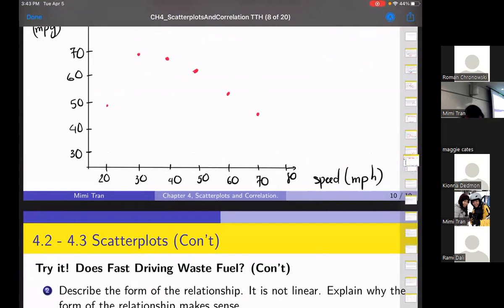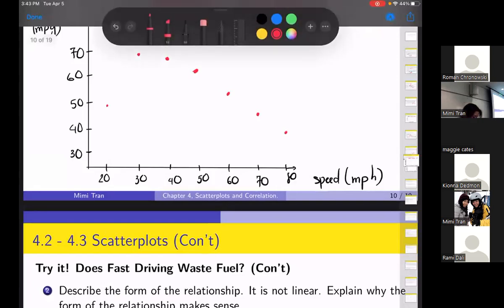Okay, I have a question for you. Does it make sense to you? I'm going to try to draw a pattern. You don't have to draw this line, I just want to show you what it looks like. For me, if you drive very fast, do you think you consume more gas or less?